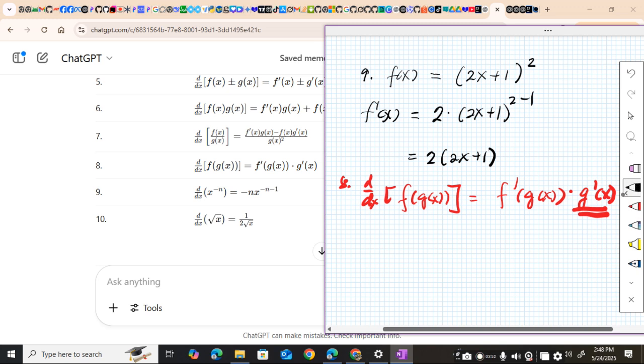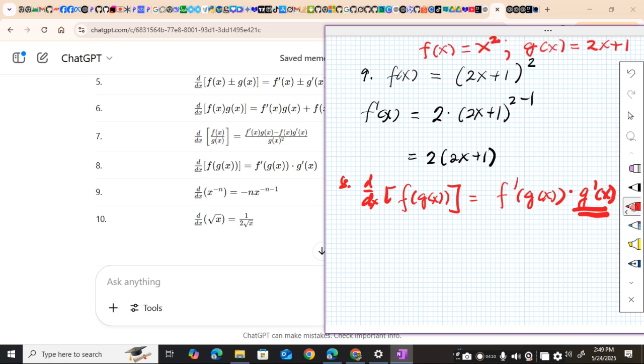So we can somehow express number 9 as a composite function. We can express it such that f of x is x squared, and g of x is 2x plus 1. So here, all we need to do is to plug in 2x plus 1 inside x squared.